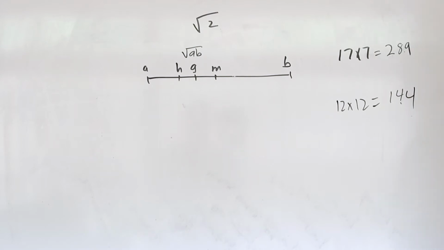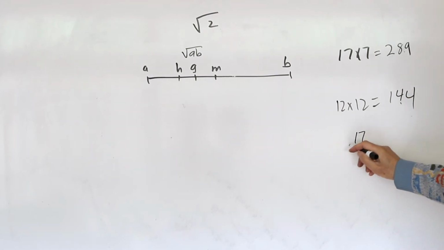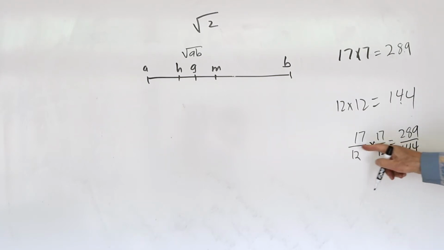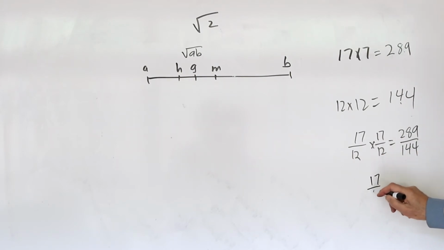So if I take the fraction 17/12, it's going to be close to the square root of 2, because 17/12 times 17/12 is almost 2. So this is close to 2. It's a little bit bigger. So the square root of this is just 17/12. If I take the square root of both sides, I'm going to have 17/12, just a little bit bigger than the square root of 2.